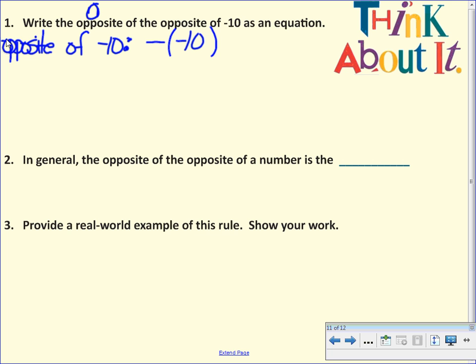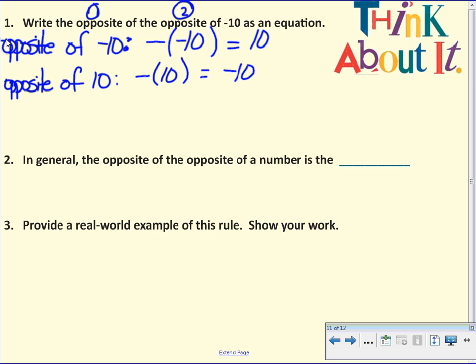But now I want to find the opposite of that. What is the opposite of negative 10? 10. Now I'm going to do my second step and find the opposite of that. So now, the opposite of 10. I'm going to write it like this. The opposite of 10. And what does the opposite of 10 equal? Negative 10.